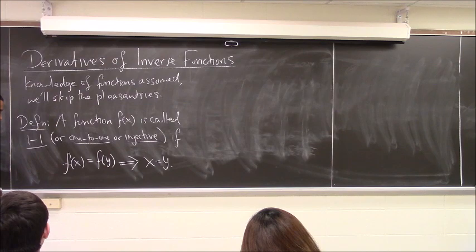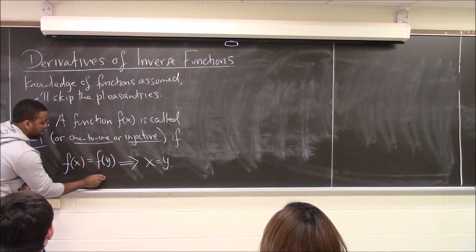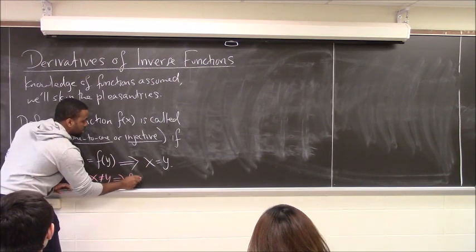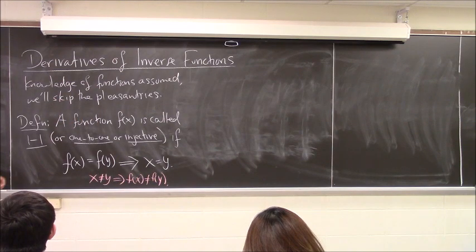Another way to say this is that distinct inputs, this is called the contrapositive of the statement, you don't have to know that word, this is the same as saying if your x is not equal to your y, if your inputs aren't the same, then they won't have the same outputs. Whenever distinct inputs go to distinct outputs, we call such a function one-to-one.